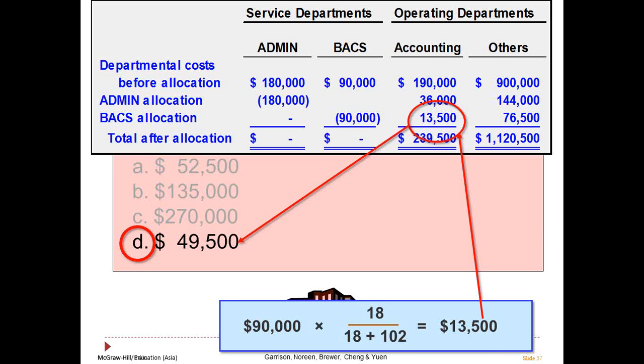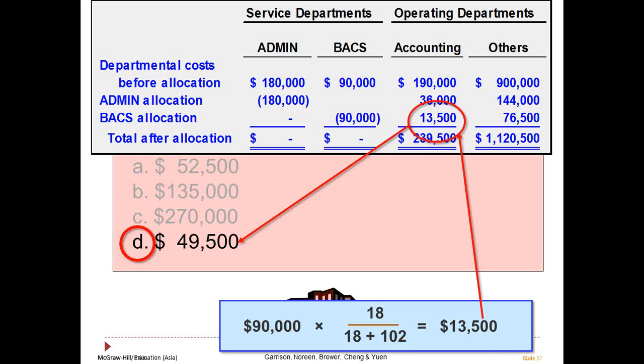The allocation percentage is calculated by dividing the number of personal computers in an operating department by the total number of personal computers in the allocation base. For accounting, the allocation percentage is 15%, obtained by dividing 18 personal computers by 120 personal computers.